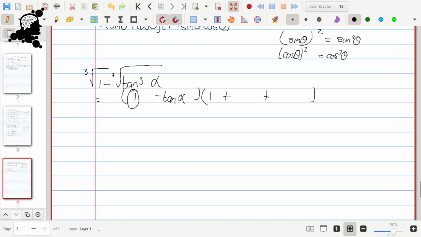To get the next term, I have to multiply the two. 1 times tan of alpha is just tan of alpha. To get the last term, I need to square the last term. I need to square this tan of alpha. This would give me tan squared alpha. So there we are. This is tan squared alpha. There we have it. We are done factorizing it.